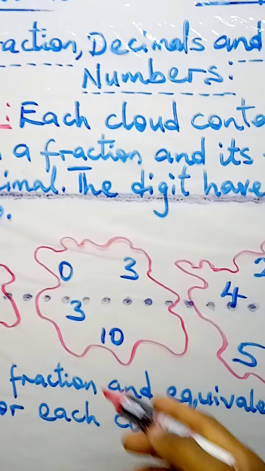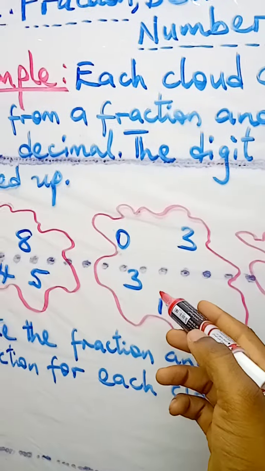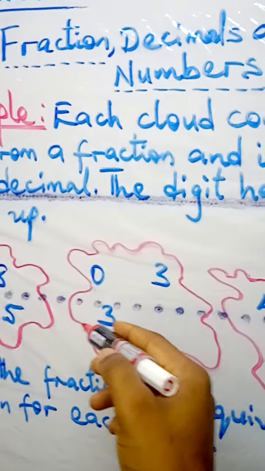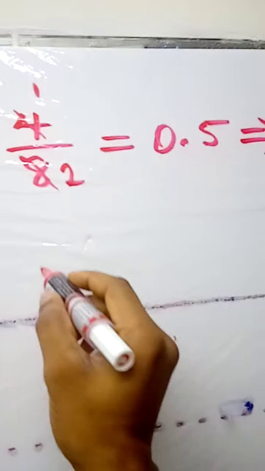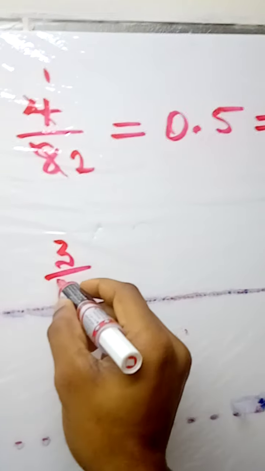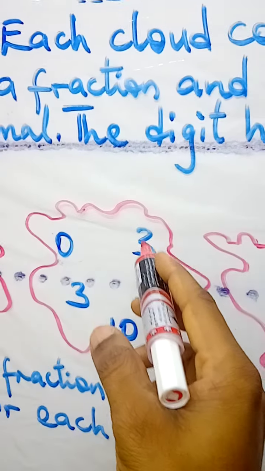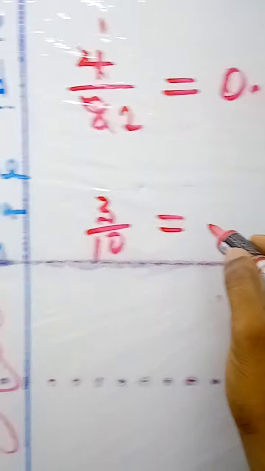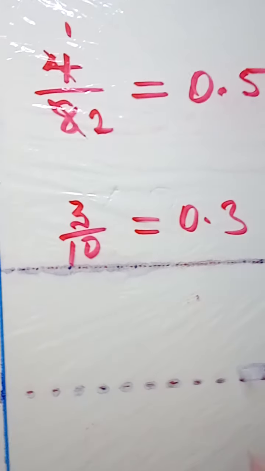Then in the second cloud, we have 0, 3, 3, 10, which means we pick 3 over 10. From the cloud, we have 3 over 10, which is equal to 0.3.